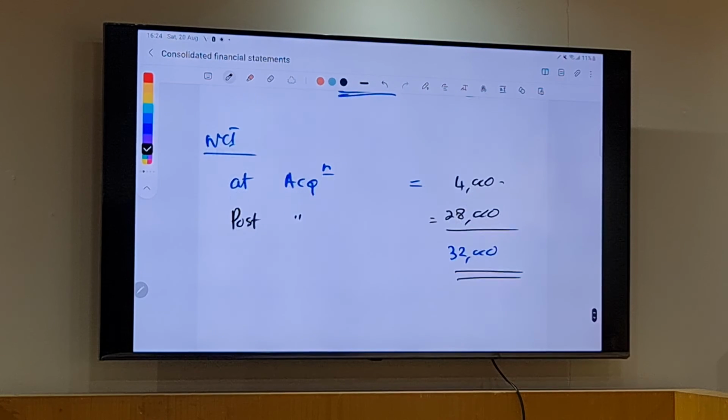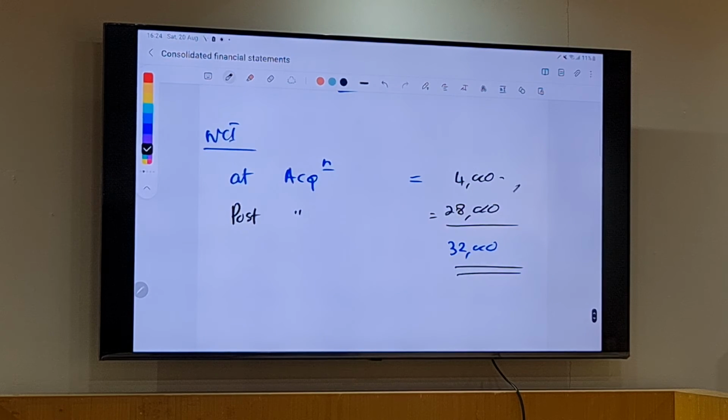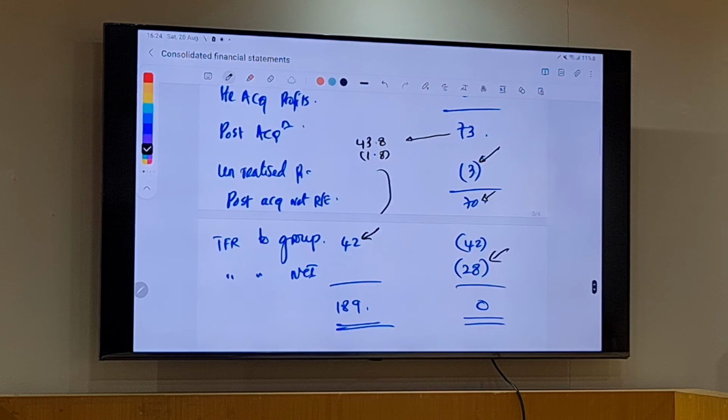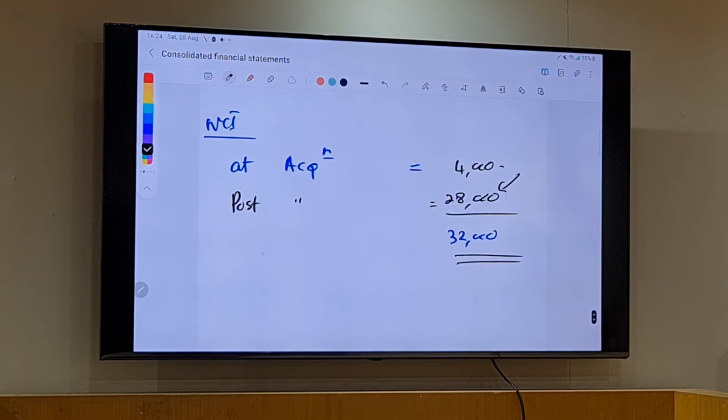Okay? Same thing you can also work out here. Now, 40% of 73 minus 40% of 3 will give you 28. Now 73 into 40%, whatever answer you are getting, minus 3 into 40%. Whatever you are getting, this answer should be this.